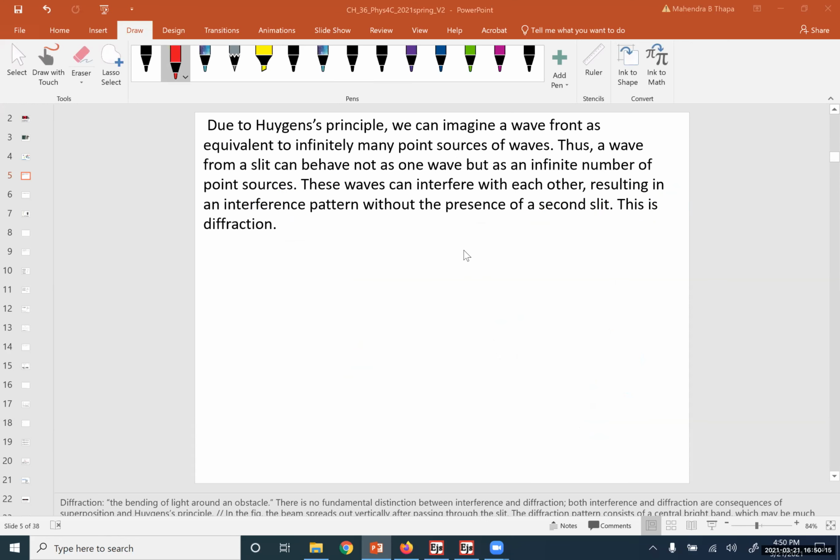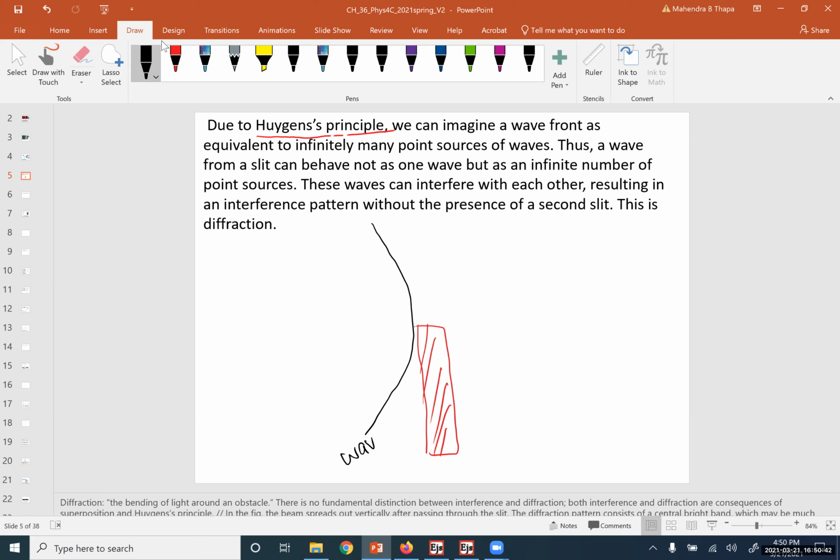This bending of light can be explained on the basis of the Huygens principle. We can draw the same picture again. This is the obstacle, and the wavefront is coming at that point. According to this principle, every point on the wavefront behaves as a source.